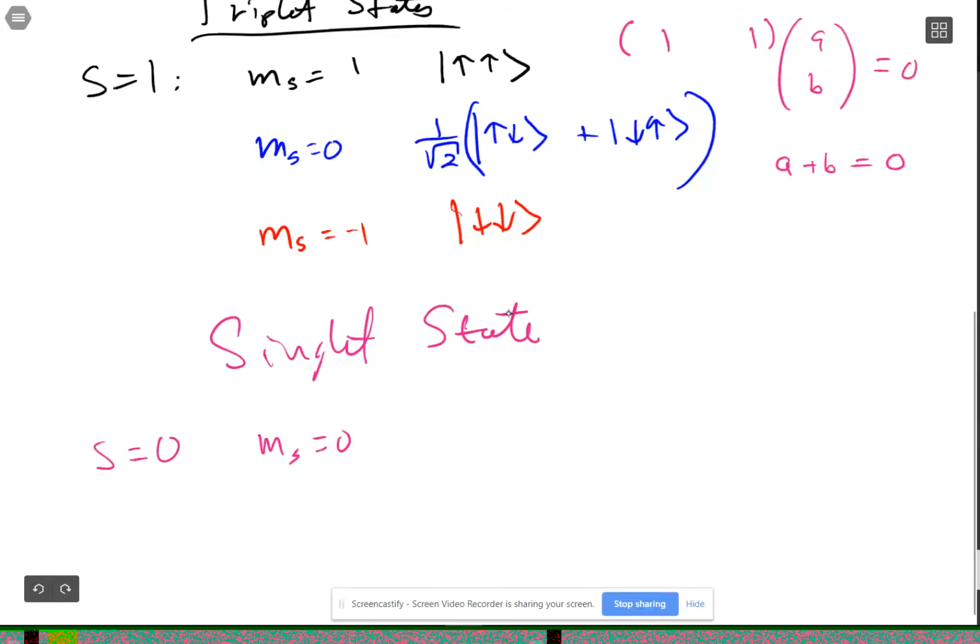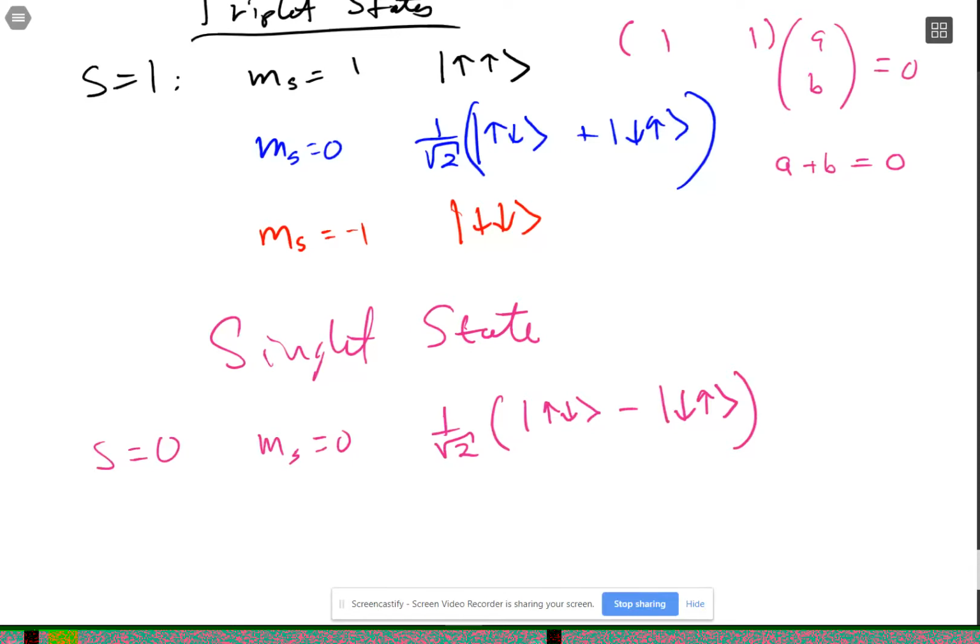You're going to have the same normalization constant. So it's going to be 1 over square root 2, up, down, minus down, up. And of course, you could have been down, up, minus up, down. That's fundamentally the same state. So that's our singlet state.